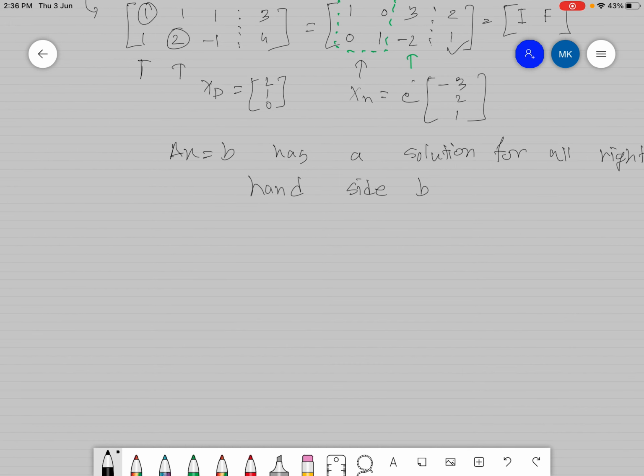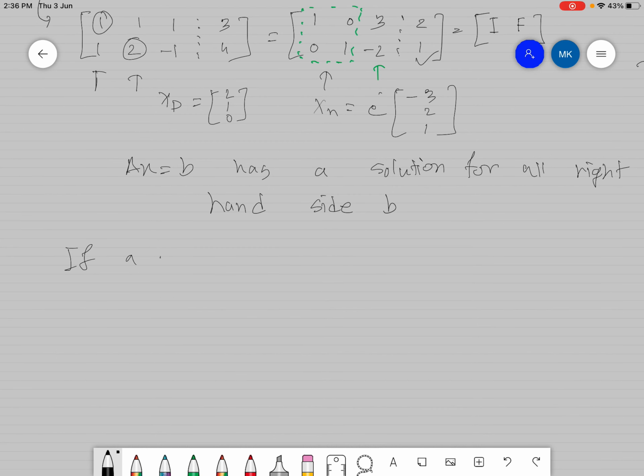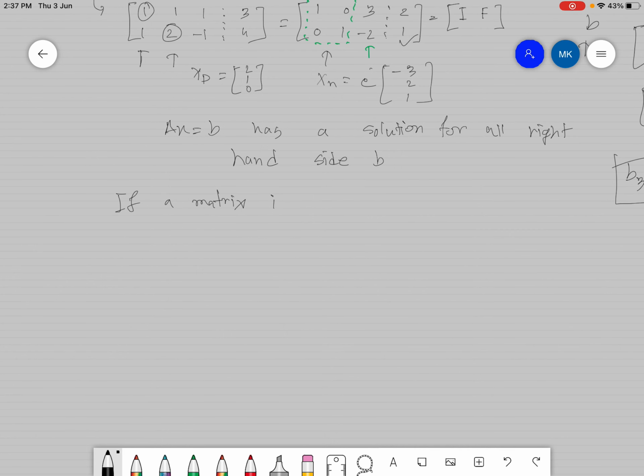So if a matrix is full row rank, then all rows have pivots.